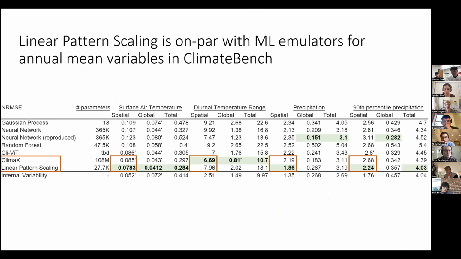Yeah, we can see that in precipitation, the error is the lowest among the models. But there's the internal variability, which is here given as the standard deviation between three members. So it's not a very robust number, but it is almost on the same scale as the error.